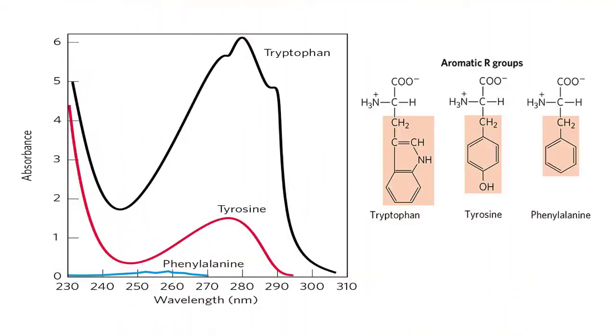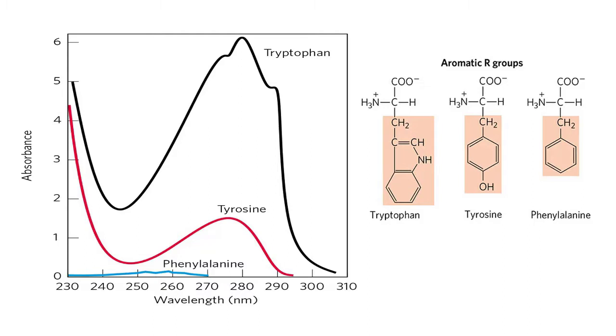Please pay attention to the slide. In this figure, you see ultraviolet light absorption spectra of aromatic amino acids tryptophan, tyrosine, and phenylalanine with equimolar concentrations of 1 millimolar at pH 6 and under identical conditions.